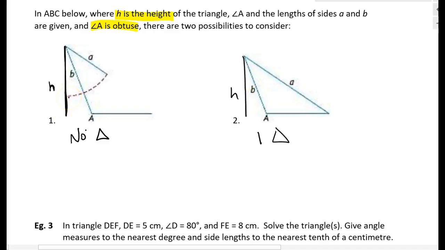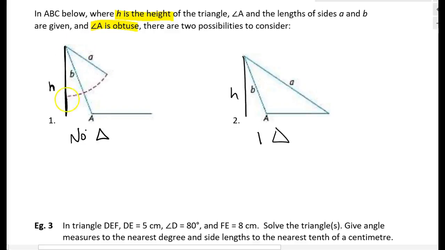And if one angle is obtuse in a triangle, our other two have to be acute. Okay, so there's no other option here. One of these can't be obtuse as well because this one already has taken up over 90 degrees of our 180 that are available in a triangle.